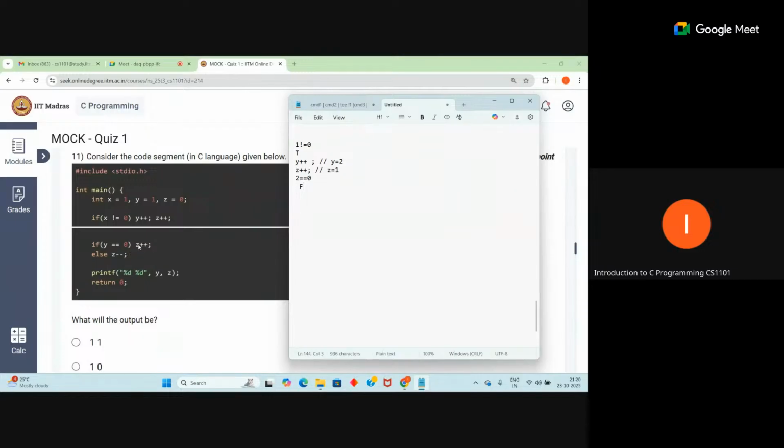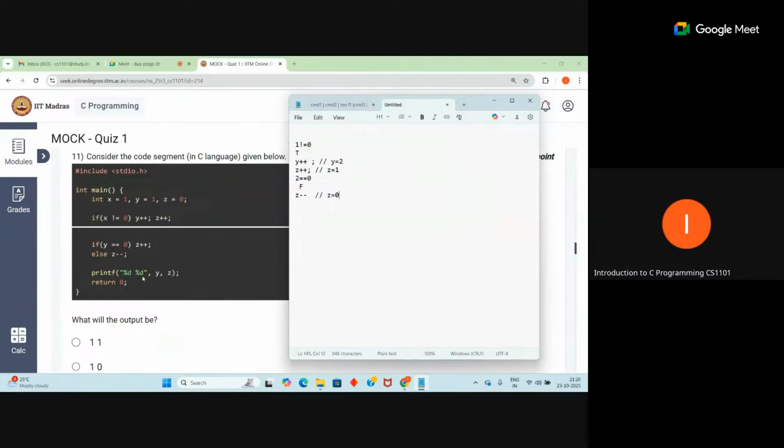False means it won't execute z plus plus. It will come to the else part and execute z minus minus. The z value is now 1, so z minus minus means it will become 0, decremented by 1.